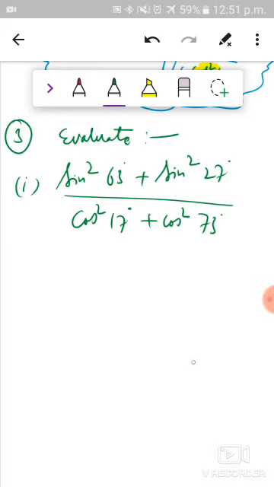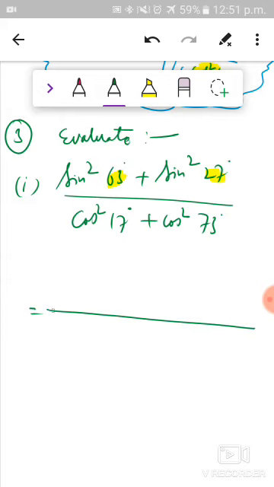So what we are going to do: in the numerator it is sin square 63 degree plus sin square 27 degree. 63 plus 27 is 90, or not? So we will change any one of these two. I am going to change sin square 27 degree into cos by using complementary angles. See here carefully how I am going to do that.